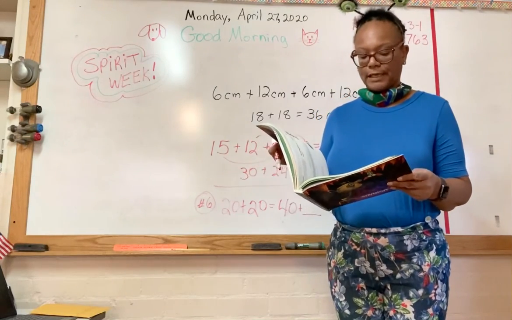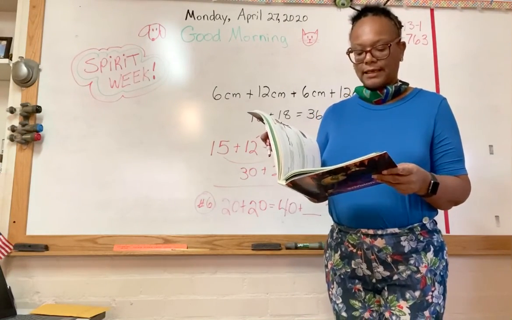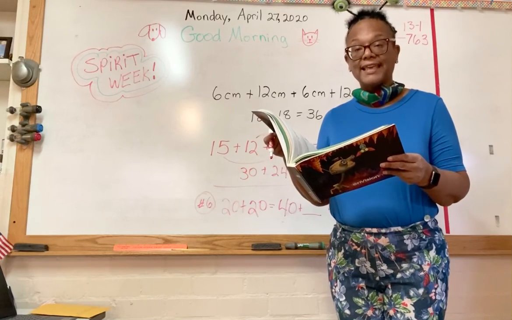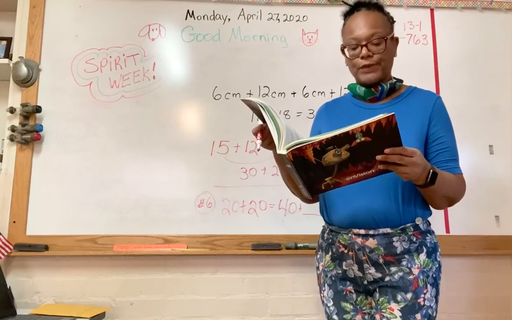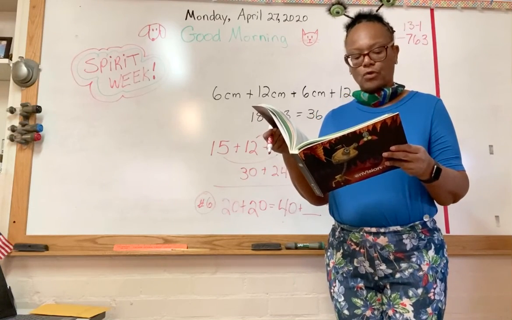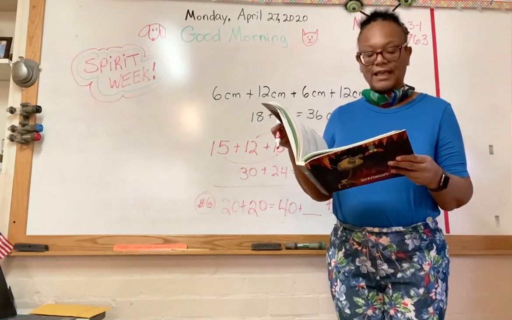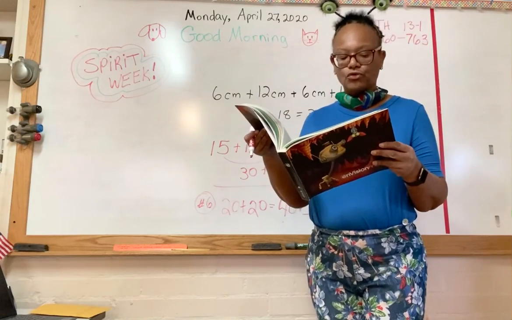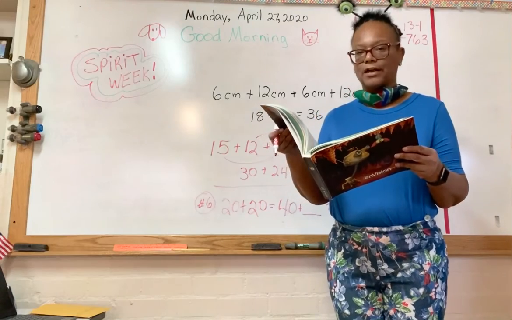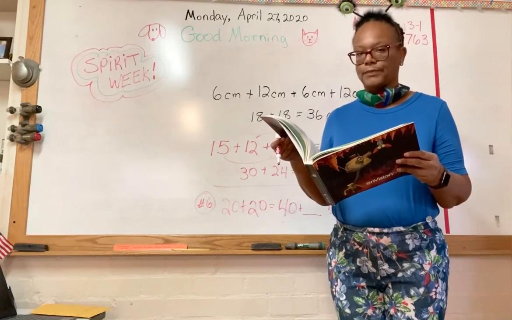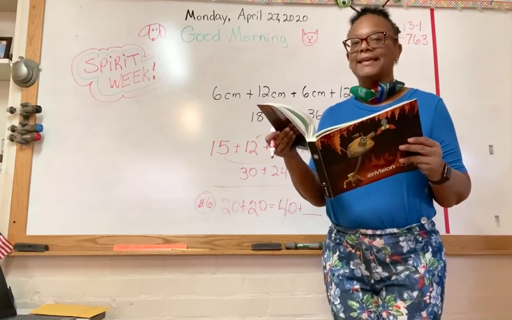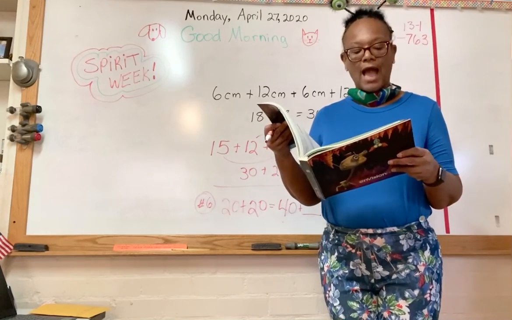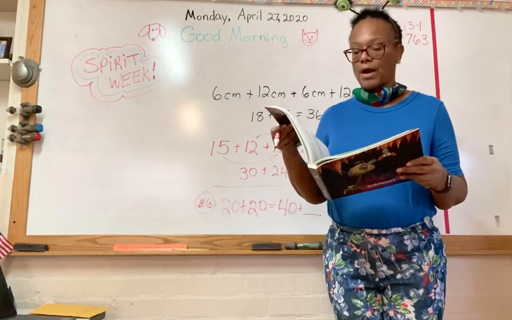Okay? In number 9, it says Tyler threw a ball 42 feet, then 44 feet. Sanjay threw a ball 38 feet and then 49 feet. Who threw the longest distance in all? They're asking you in all. This is a very higher order thinking problem.